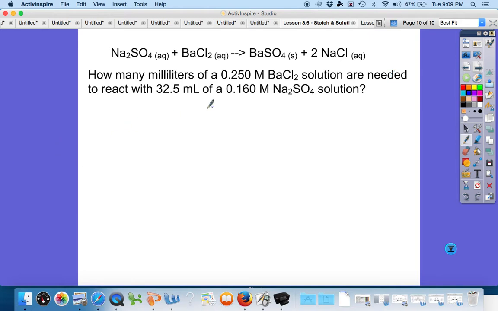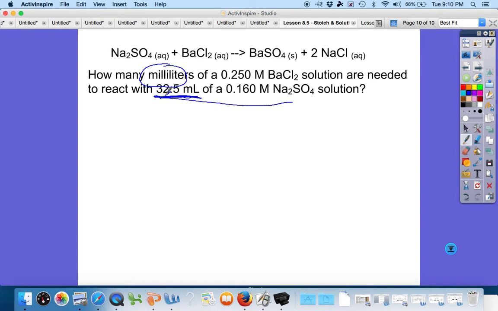Welcome back. It asks for how many milliliters of a 0.25 molar barium chloride solution would need to react with 32.5 milliliters of a 0.16 molar sodium sulfate solution. So the 32.5 milliliters, that is what we are starting with.